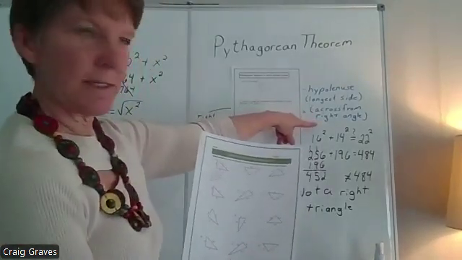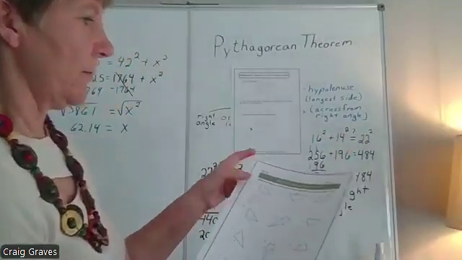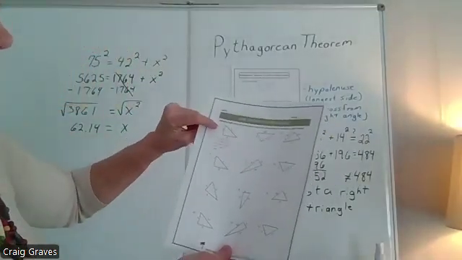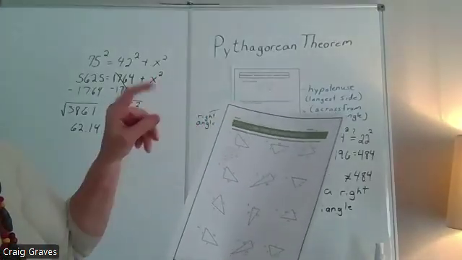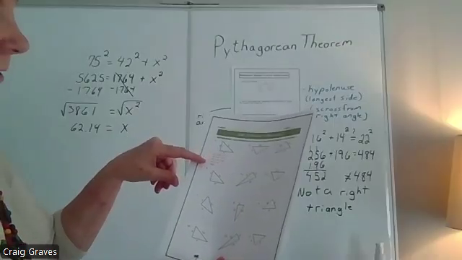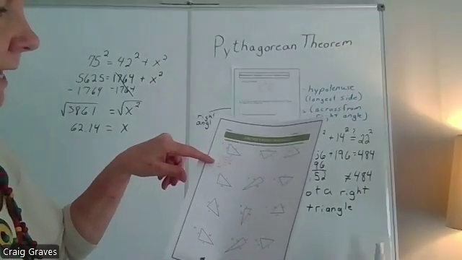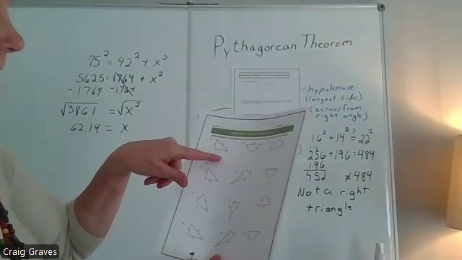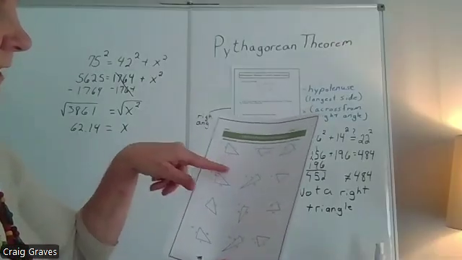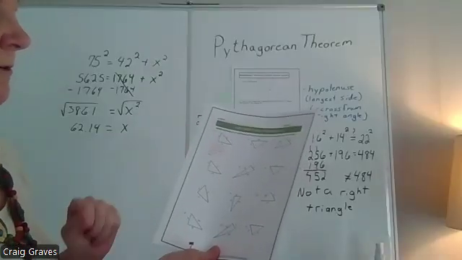You're going to test to see if it comes out to be a true statement. So this one has the sides 3, 4, and 5, which we know from our example. 3 squared is 9, 4 squared is 16, and 9 plus 16 is 25, and the other side, 5 squared, is 25. So that comes out to be a true statement. So yes, that one is a right triangle.